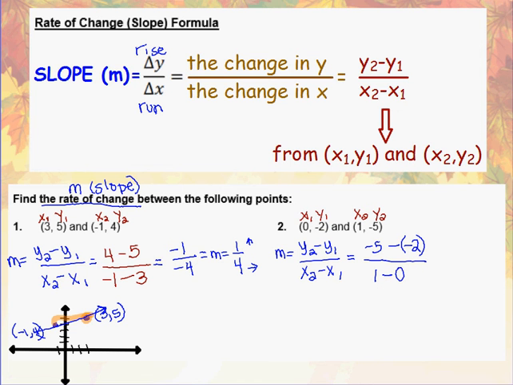Now, anytime I subtract a negative, it really ends up adding the opposite, so adding positive 2, or I could use my calculator and type it in just the way it says, negative 5 minus, and then in parentheses, negative 2, and I'll see that I end up with negative 3 over, and then 1 minus 0 is 1. So our final answer for our rate of change here is negative 3, or down 3 over 1.